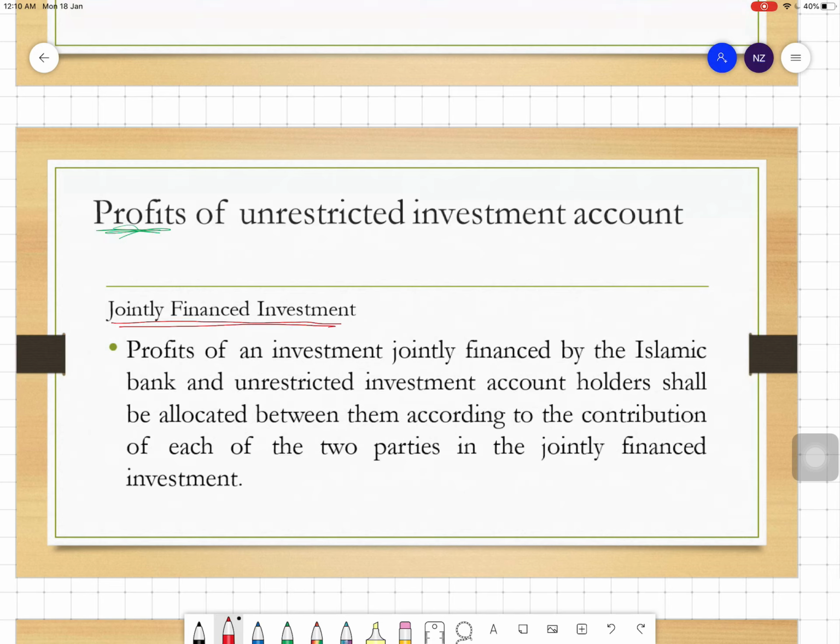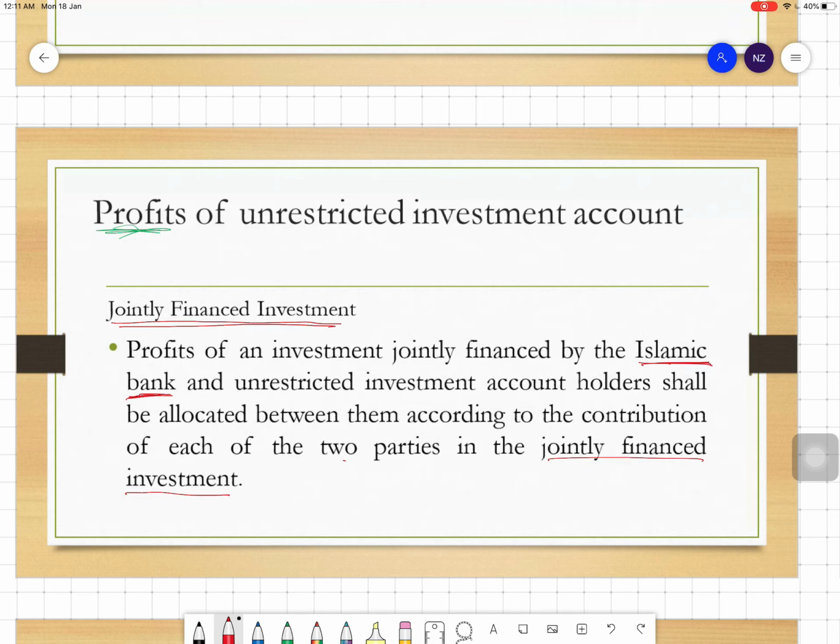So the profit of this investment must be jointly financed by the Islamic bank, and unrestricted investment account holders shall be allocated between them according to the contributions of each of the two parties in the jointly financed investment. So profit is calculated by the Islamic bank, right?